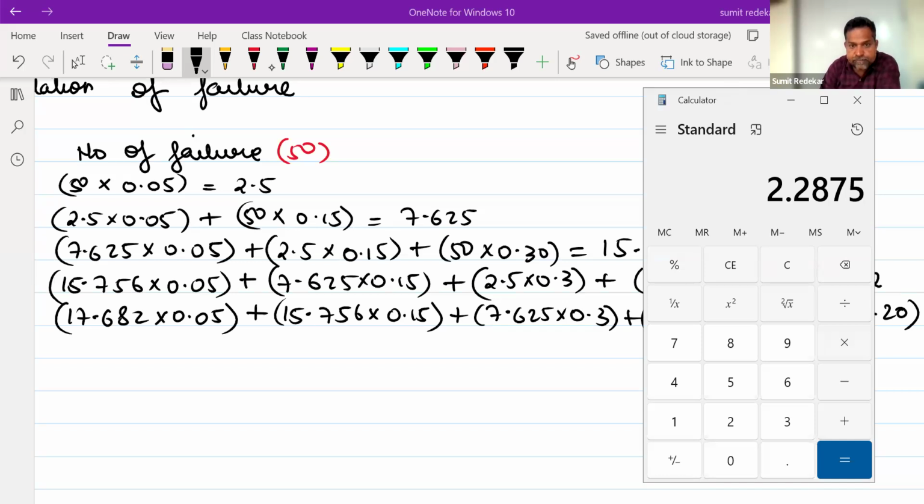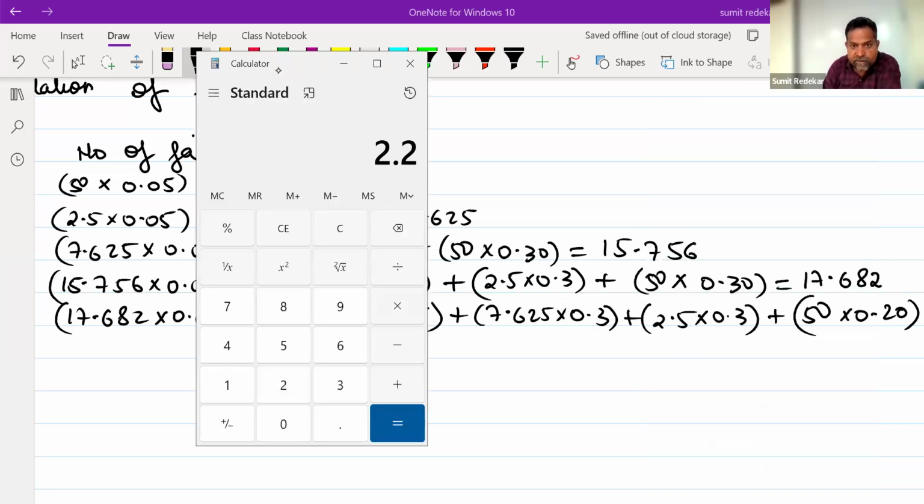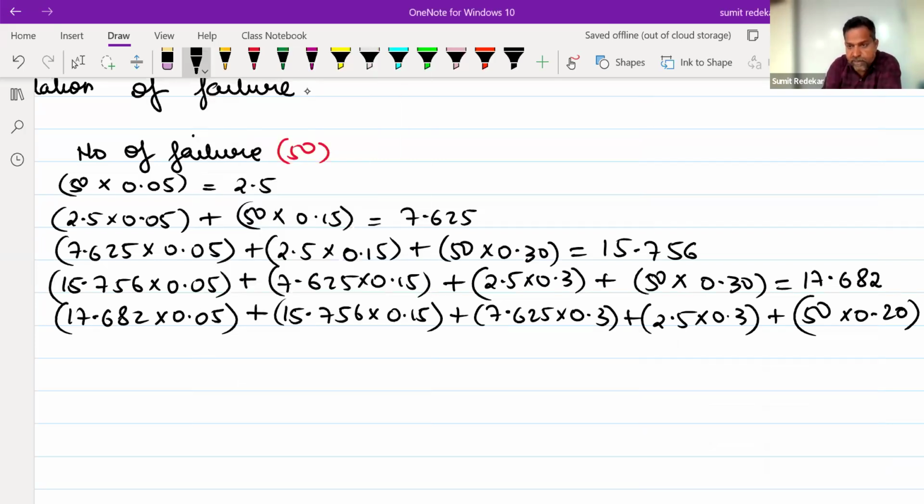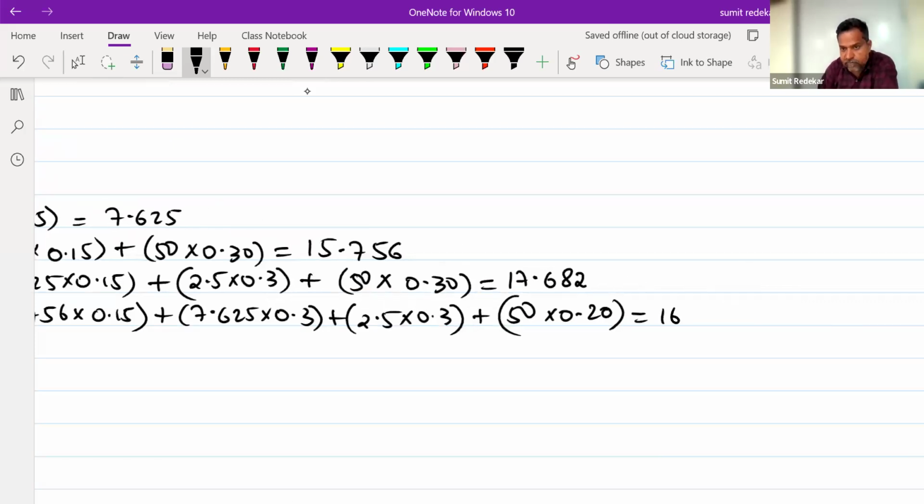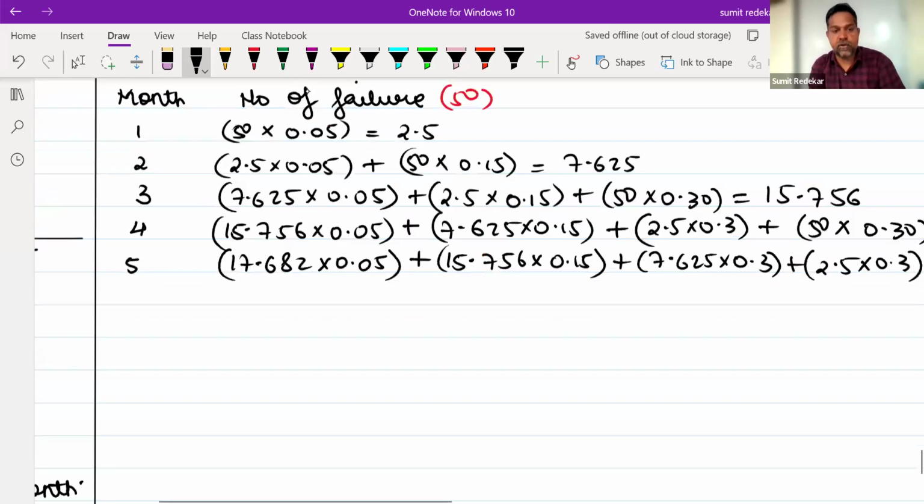Add that to memory. 2.5 into 0.3. Add that to memory. And lastly, 50 into 0.2. Add that to memory. Recall. 16.285. Perfect. That is the 16.285 breakdown. Done. Let's start doing the costing.